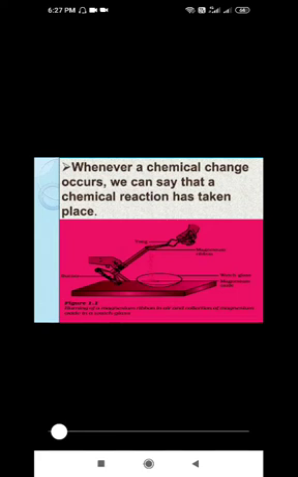It would definitely have changed its property from acidic to basic as well, right? So from this you can definitely see and say that a chemical change has taken place. And as I said, if any chemical change takes place in our surrounding, we can definitely say that a chemical reaction has taken place. Okay.